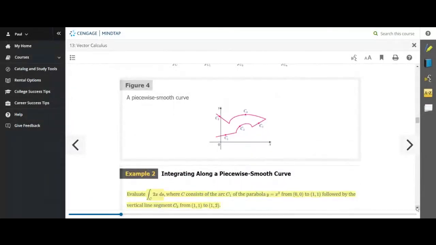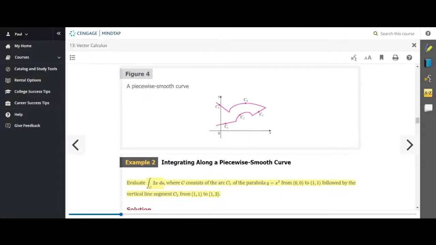Sometimes you have a curve, like in figure 4, that's piecewise smooth. In other words, the curves themselves are all smooth, but it isn't just one curve. In figure 4, you have 5 smooth curves connected together. What if you have a particle that moves along that path?